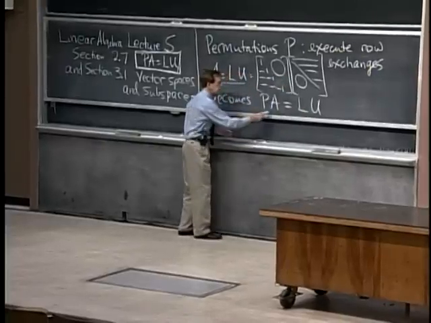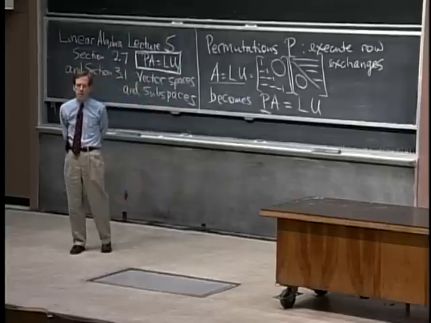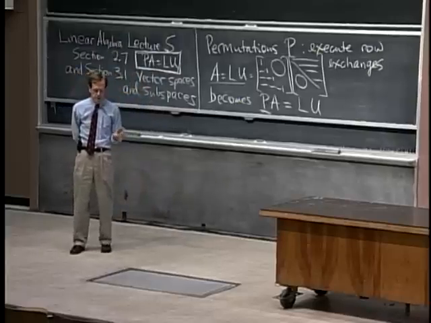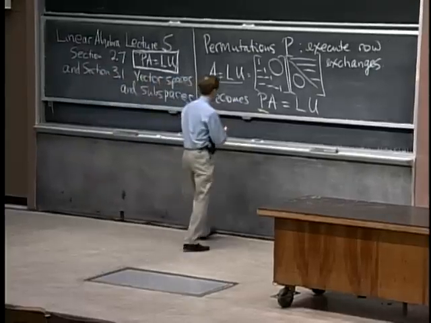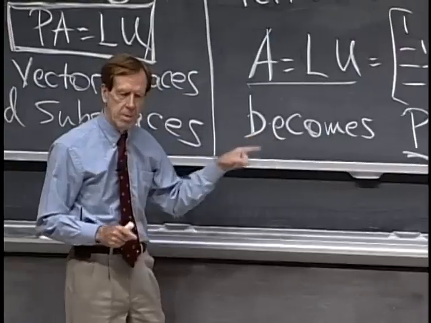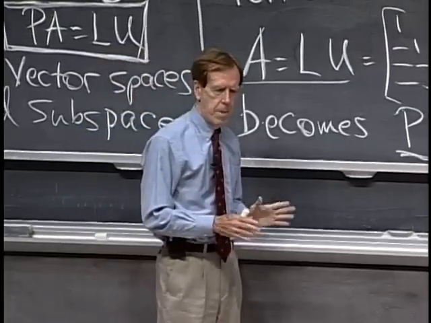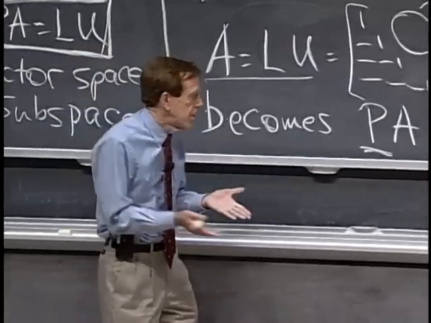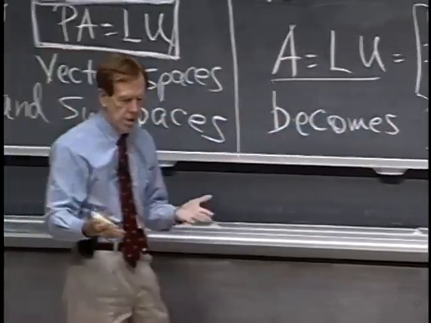So that's the point. Actually, I don't want to labor that point. That a permutation matrix, and you remember what those were, I'll remind you from last time of what the main points about permutation matrices were. And then just leave this factorization as the general case.